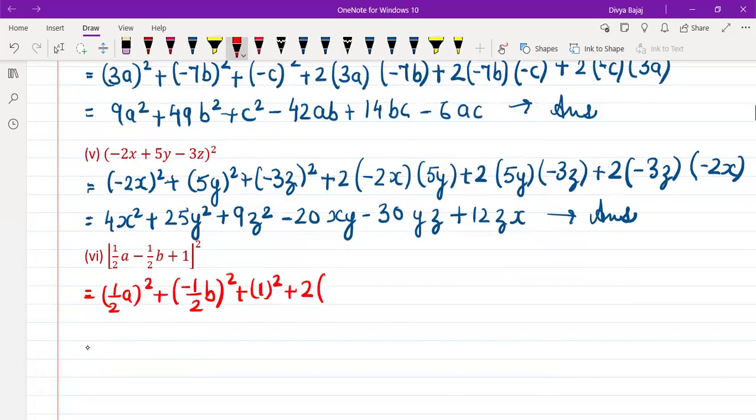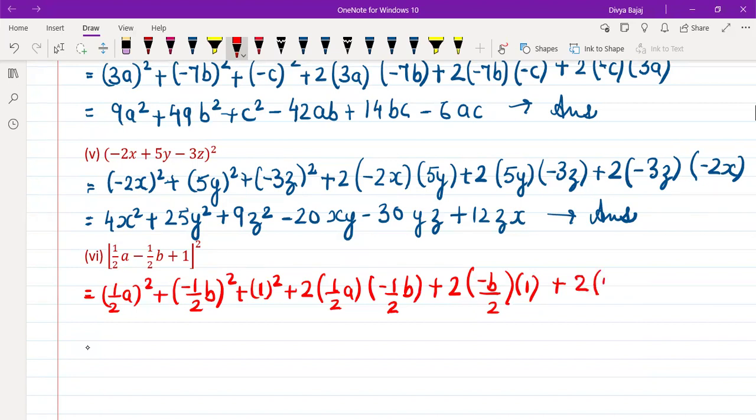A is 1 by 2 of a and b is minus 1 by 2 of b, plus 2bc. Now my b is minus b by 2 and c is 1. Now the last term of the identity, 2ca. c is the last term which is 1, a is the first term which is 1 by 2 of a.